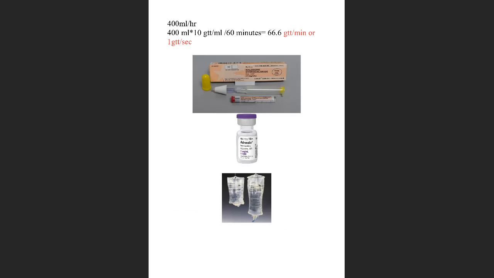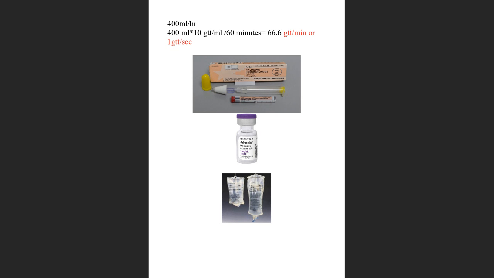So using the formula for volume infusion, it is the volume to be administered times the drip set divided by the time in minutes. So that's 400 mils times 10 drops per mil. It's 1 hour, that's 60 minutes.